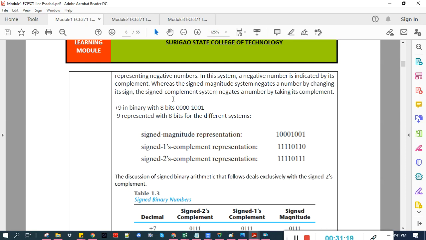This is the ones complement of this binary number, and that is the signed ones complement representation. That's how we represent -9 using the signed ones complement.